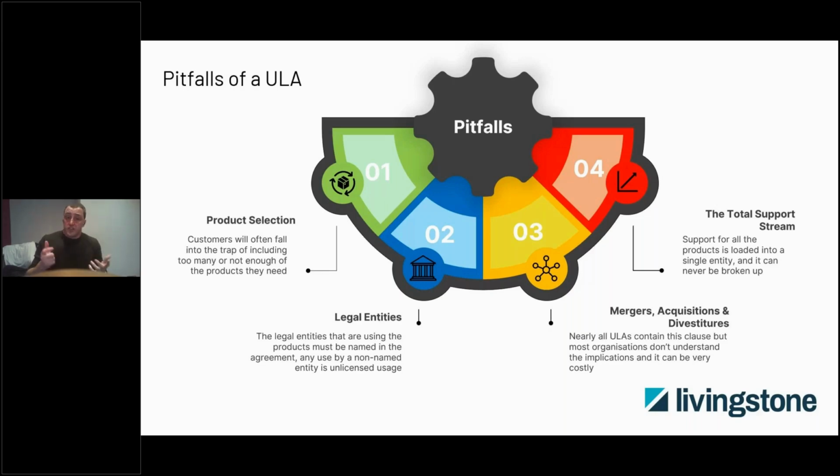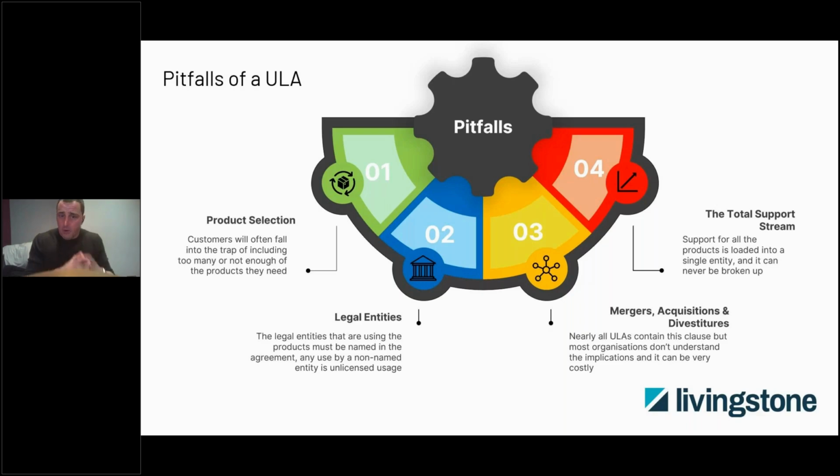The next pitfall or challenge we see customers have is with legal entities. And this is something that Oracle are so strict on. In how Oracle contracts with everyone, the legal entity is defined at the very beginning of the contract. So this is the party that is doing business with Oracle. If any party not subject to that contract is accessing the EULA products, Oracle will see that as unlicensed usage.